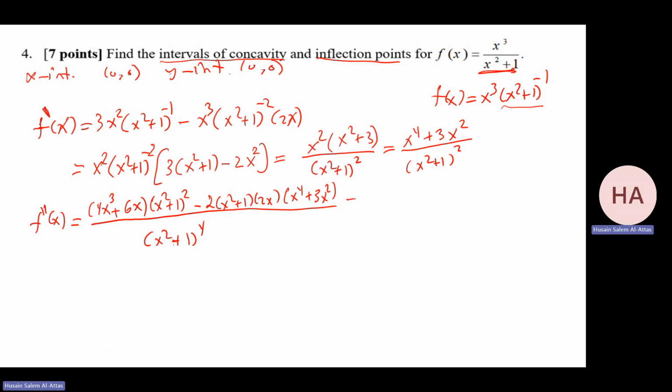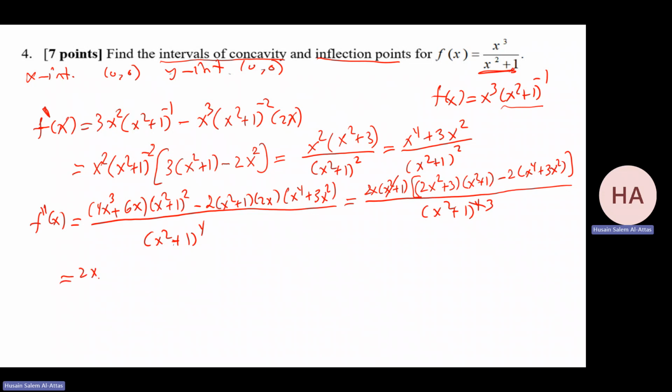In the numerator, what common factor can I take? I can take 2x times (x squared plus 1) as a common factor. What is the remaining? I have 2x squared plus 3 times (x squared plus 1), minus 2x squared times (x squared plus 3x squared). Calculation. This is 3, this is cancelled.